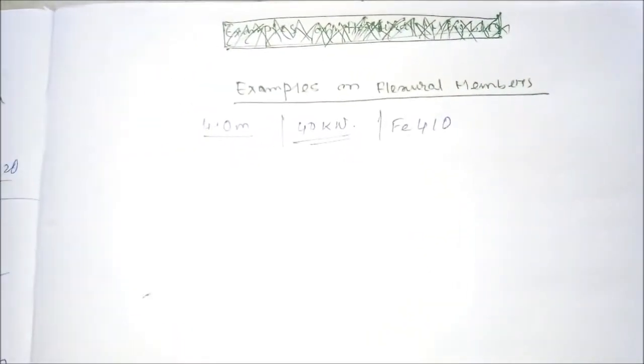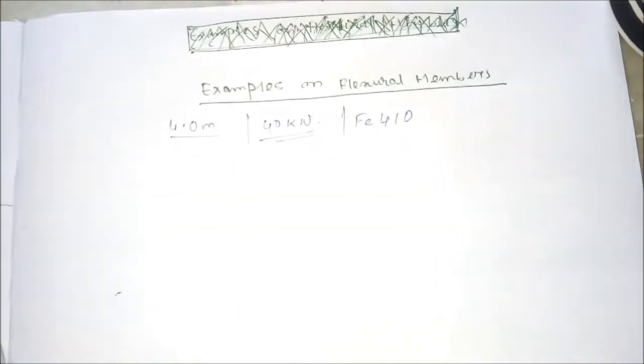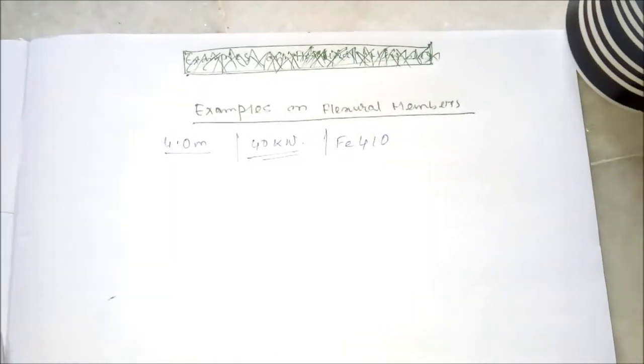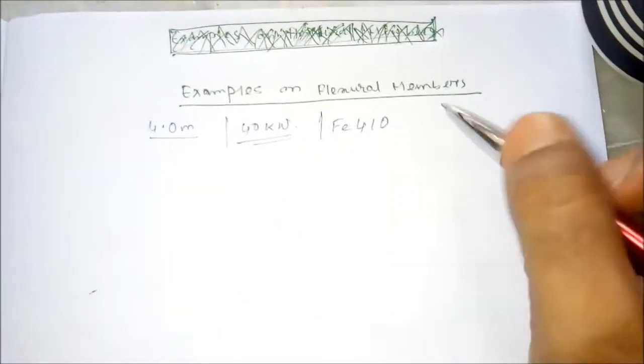Step number 1: those are the given data we have already seen. What will be the given data, right?